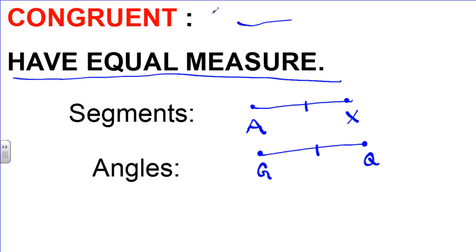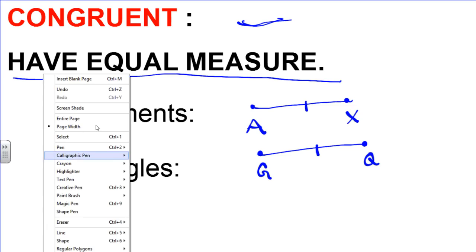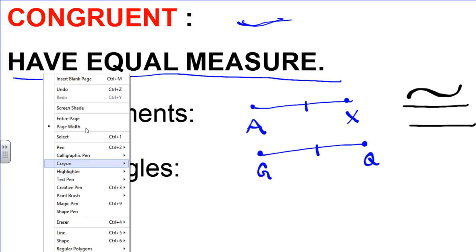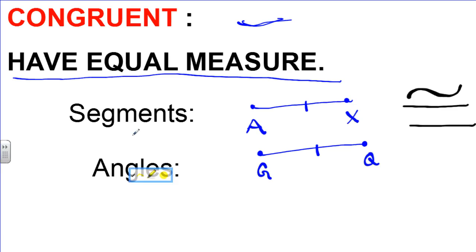I'm having a hard time drawing a straight line here. Let's get out a different pen. Kind of like an equal sign, but it has this tilde, this squiggly on the top, right? So congruent means something slightly different than the word equals.